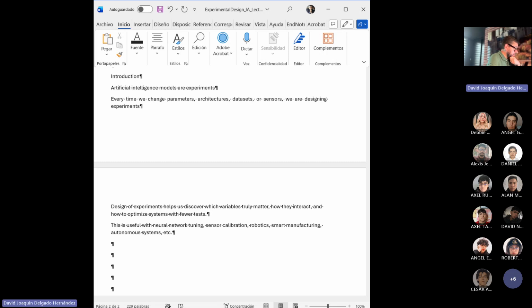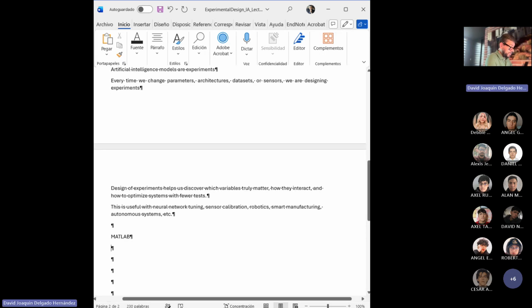Let us put here something about MATLAB. There are some particular libraries that are useful for carrying out this design of experiments. So I am going to put some of them here.